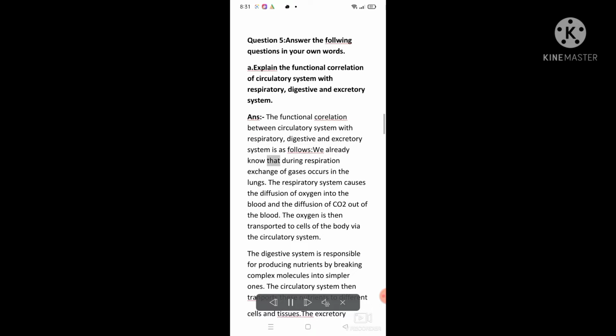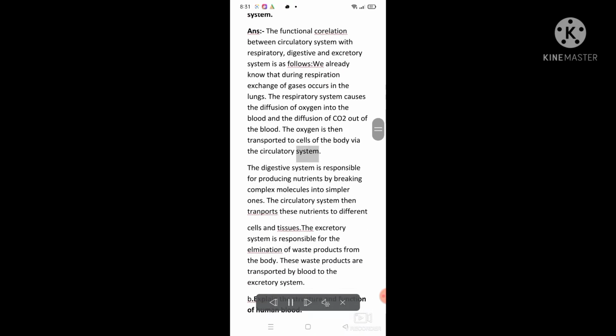We already know that during respiration exchange of gases occurs in the lungs. The respiratory system causes the diffusion of oxygen into the blood and the diffusion of CO2 out of the blood. The oxygen is then transported to cells of the body via the circulatory system.